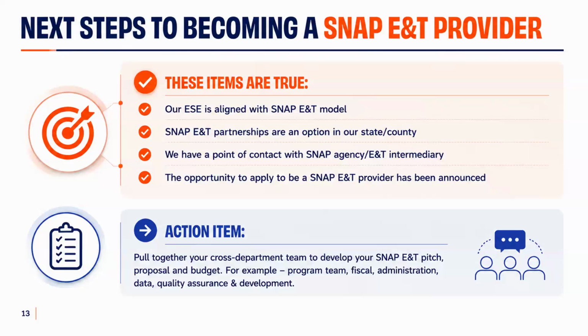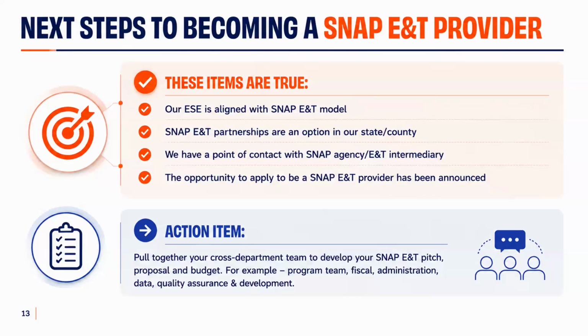What is the individual employment plan, if you're required to have one, going to look like? Having your program team know what's needed to execute a compliant SNAP E&T program matters. Then there's the administration and data piece: how is the invoicing going to work? Who's going to oversee program oversight and compliance?